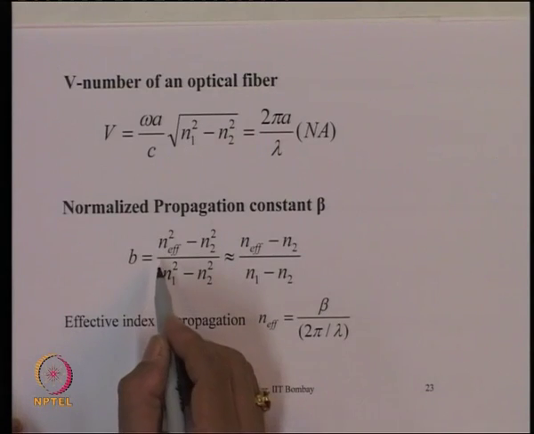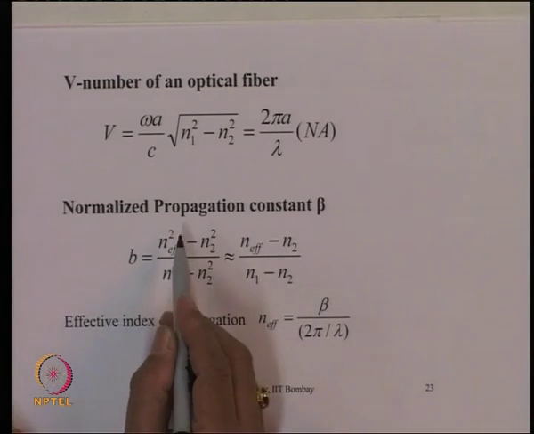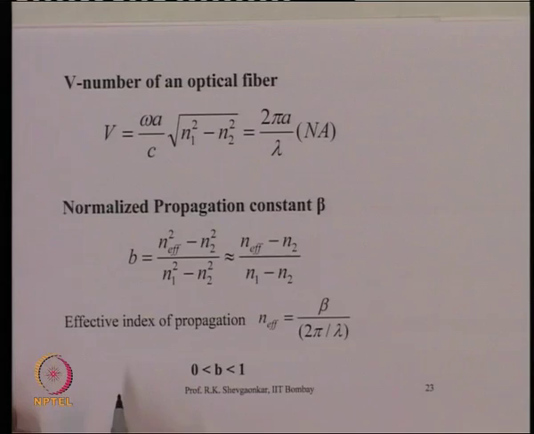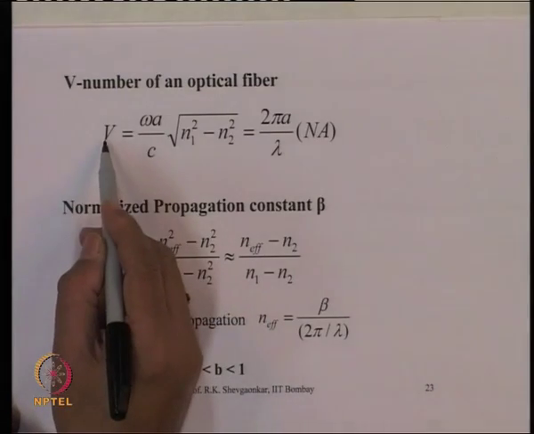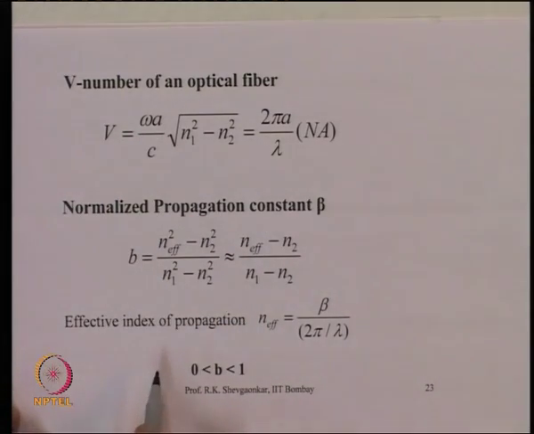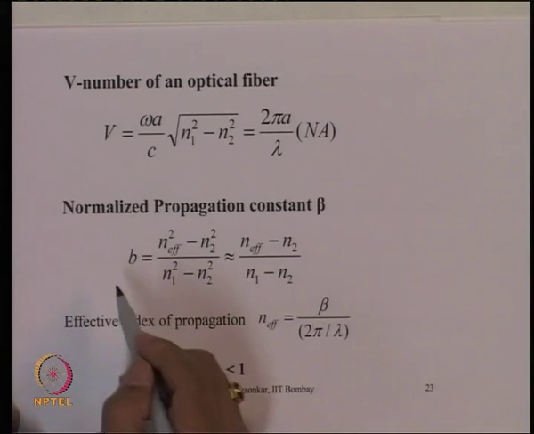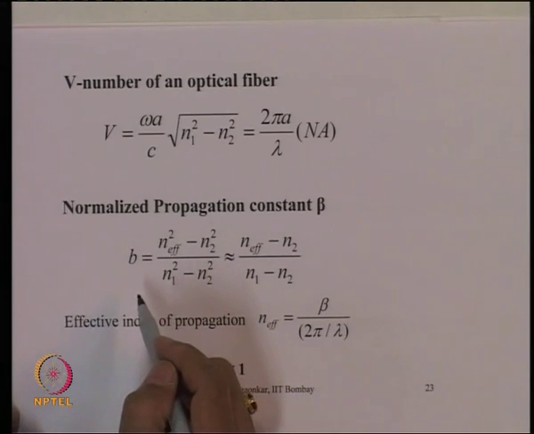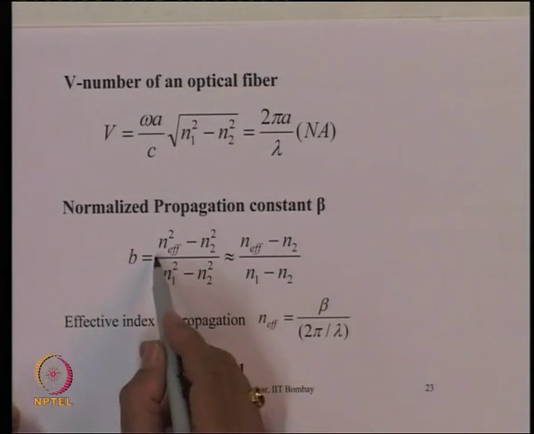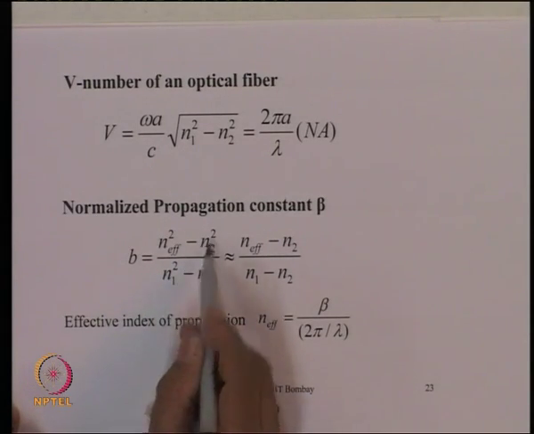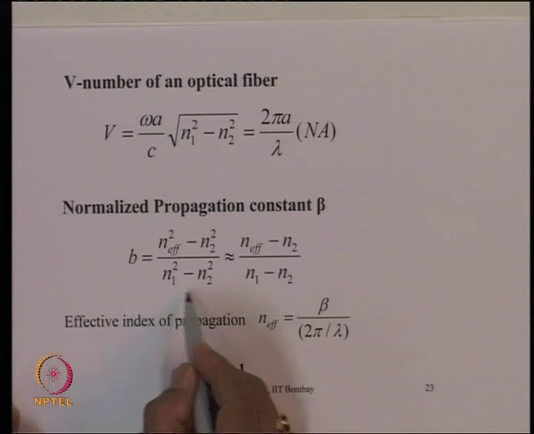So instead of plotting beta as a function of frequency, we can plot beta with respect to V, because V is proportional to omega, or we can have a normalized plot of the quantity B, which is defined as N effective square minus N2 square upon N1 square minus N2 square.